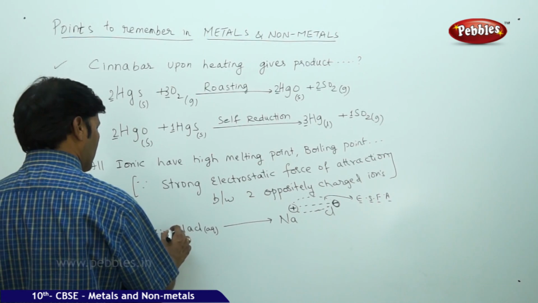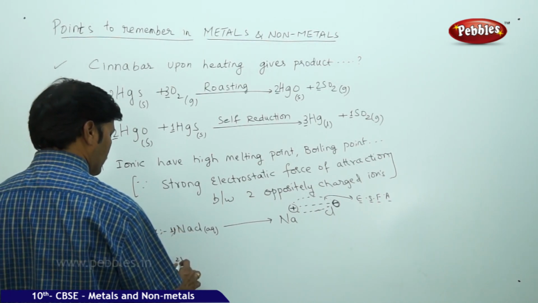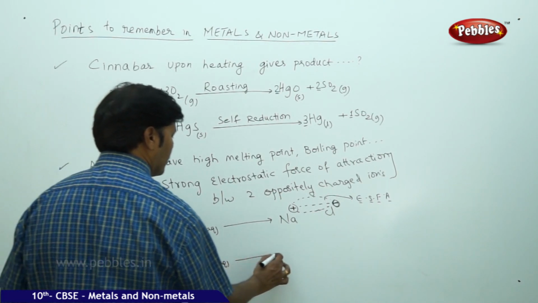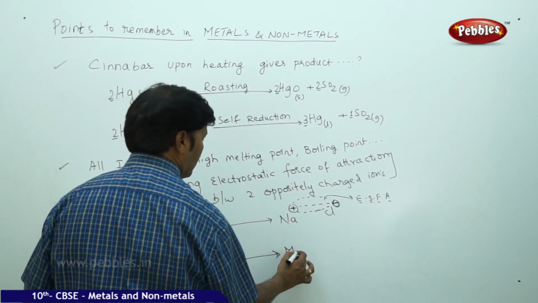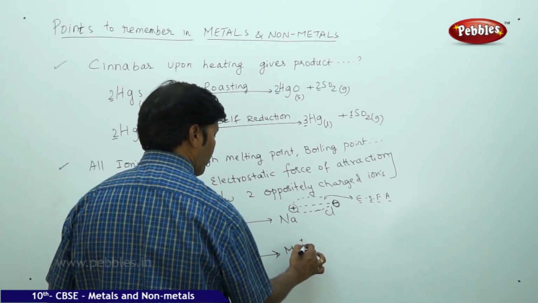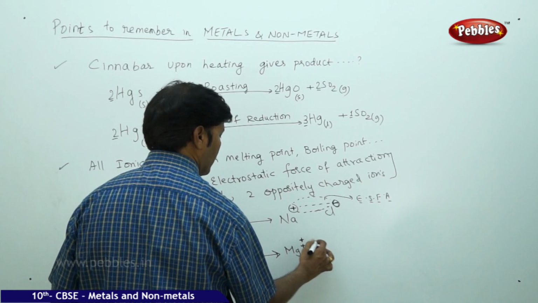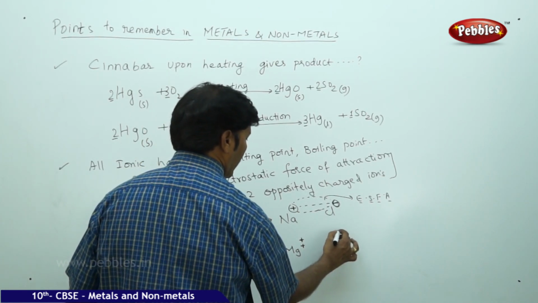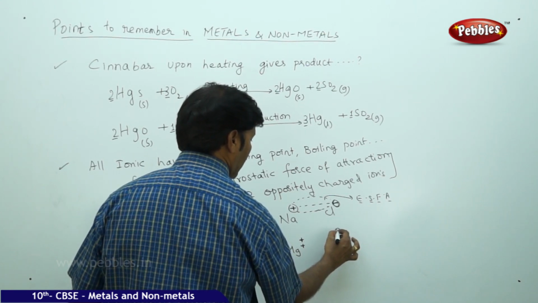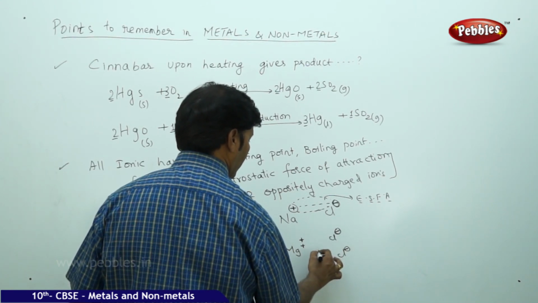Go for MgCl2. Aqueous, it gives magnesium 2 plus, with 2 positive charges, and it gives Cl minus ions.